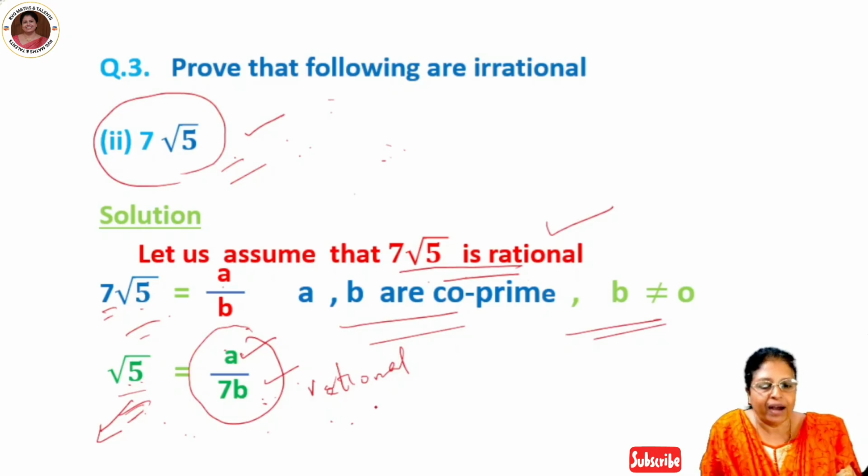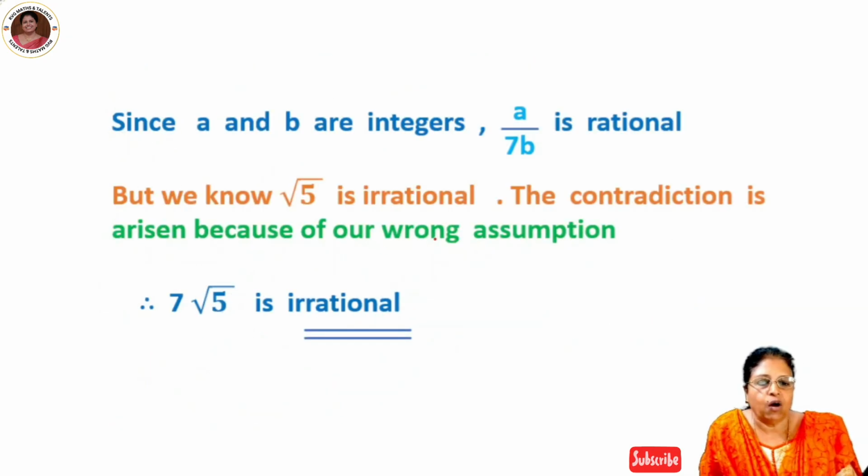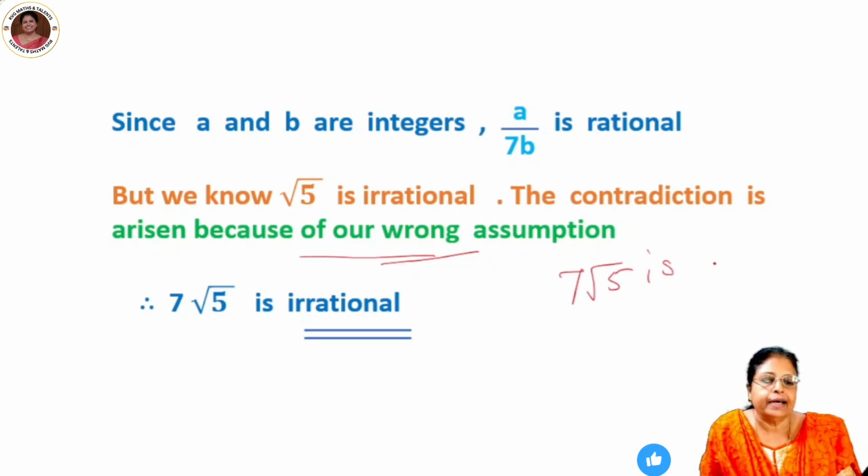Why did we get this contradiction? The contradiction has arisen because of our wrong assumption. What was our assumption? Our assumption was 7 root 5 is rational. So this assumption is wrong. That means 7 root 5 is irrational. So we got the result.